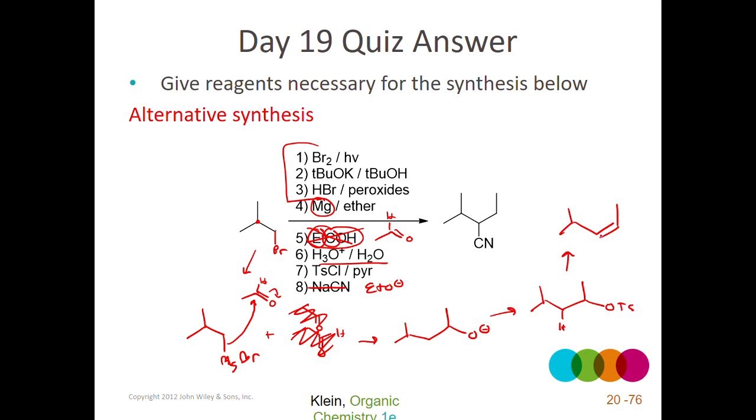But in this case, since both sides of the double bond are equally substituted, if I were to use HBr or something to try to add a Br here, that could be putting a leaving group on the carbon I want, and then the cyano group could come in and push that out. I can't control which carbon the HBr goes to, so this synthesis has some issues. I should have been a little more careful when I put this one together.